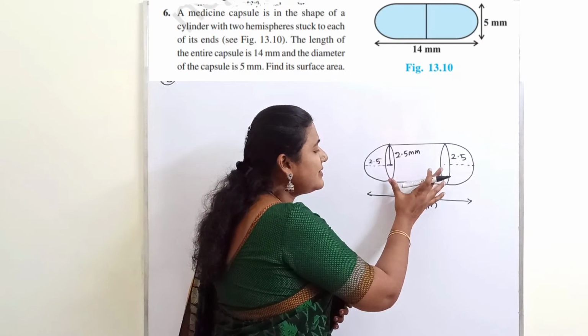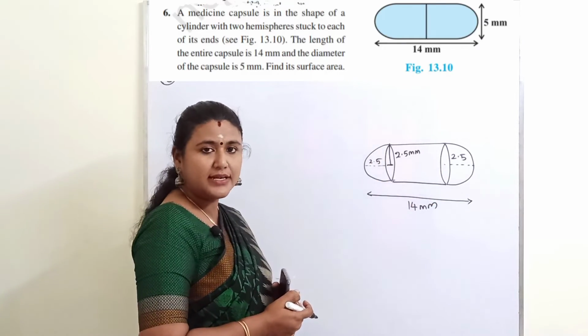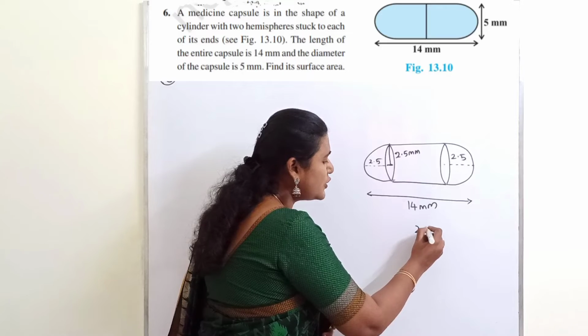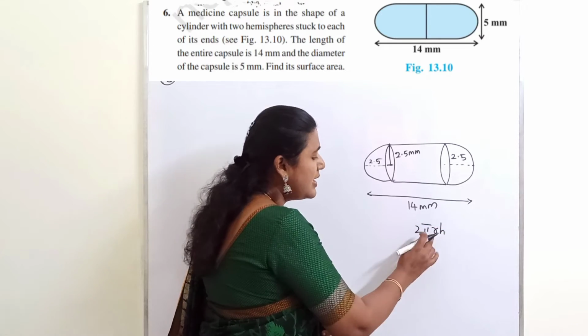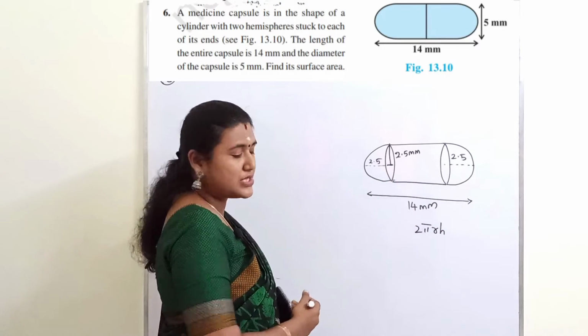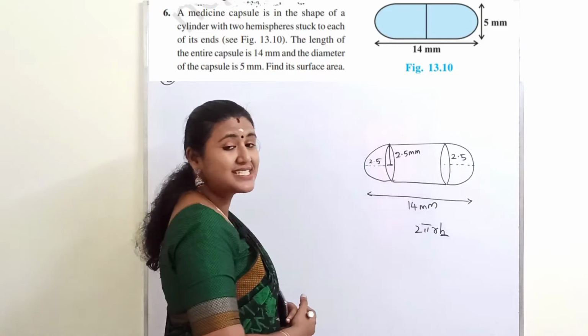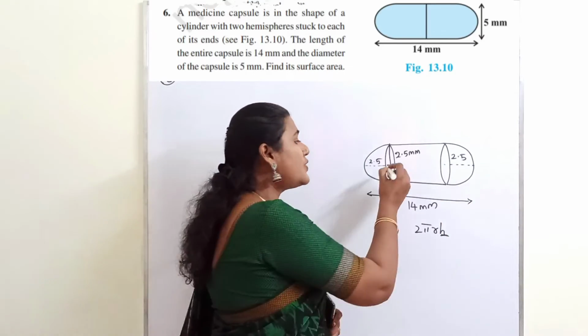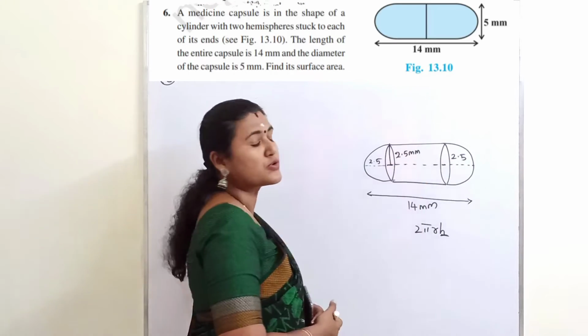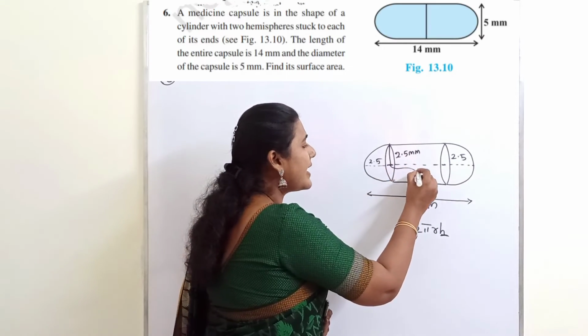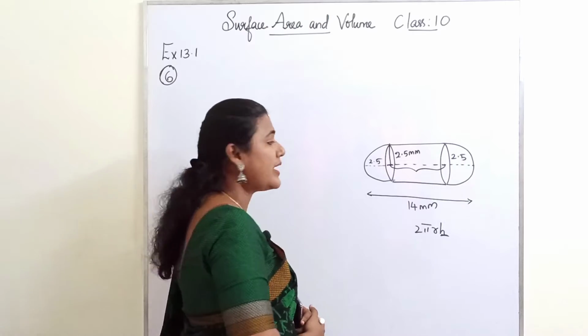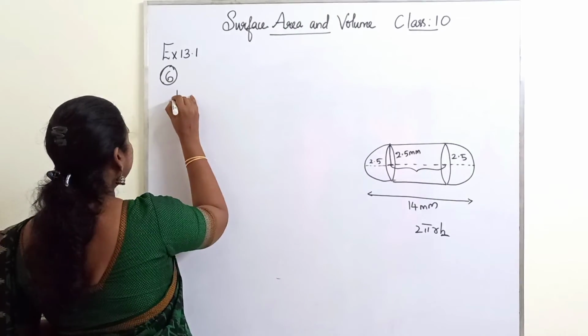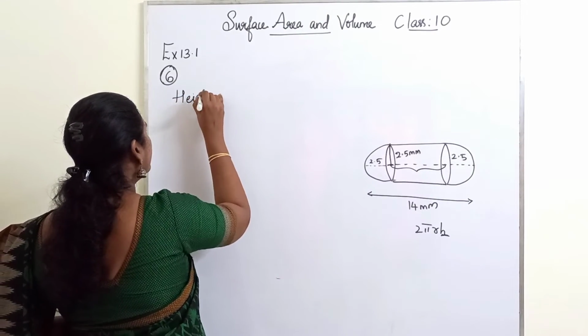For the CSA of cylinder, the formula is 2 pi r h, and the radius is given in the question. What about this height? This height is not the entire height of the capsule, it is the height of only the cylindrical portion. So first we'll see how to find the height of the cylinder.